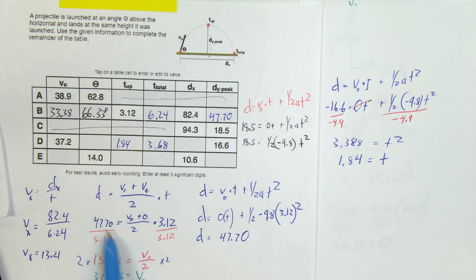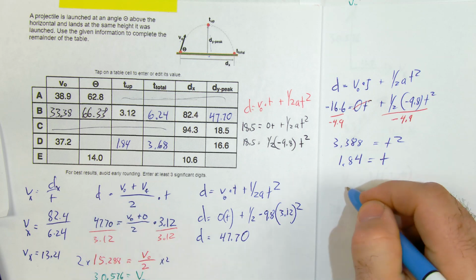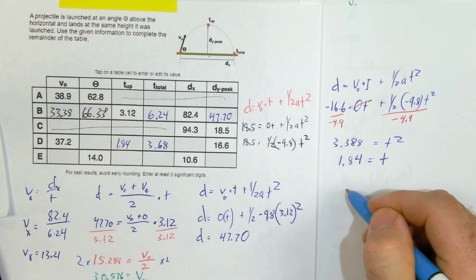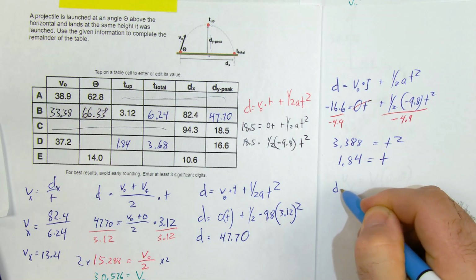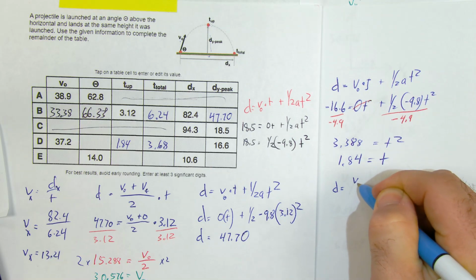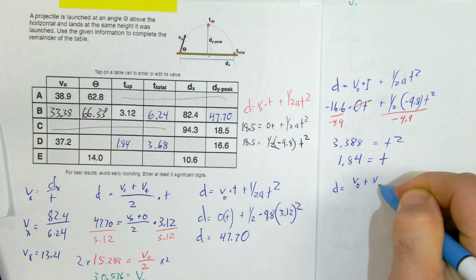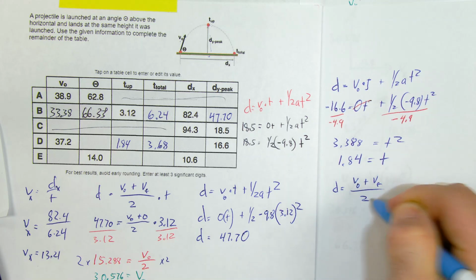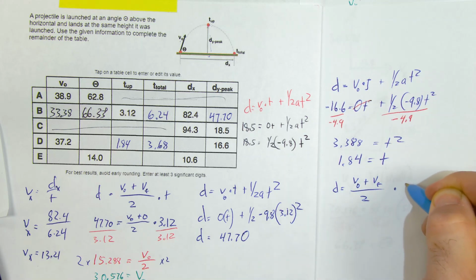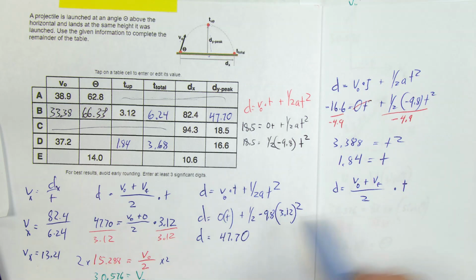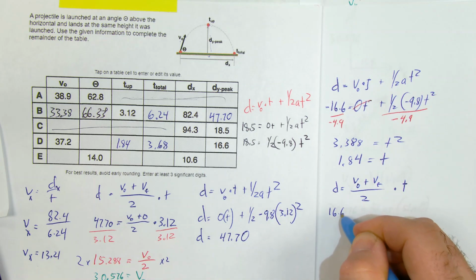And we would go back to this equation. And so we would say a distance, we do know our distance is 16.6.